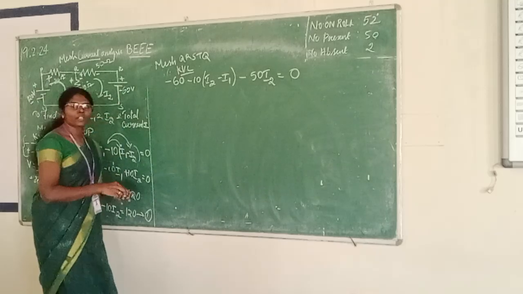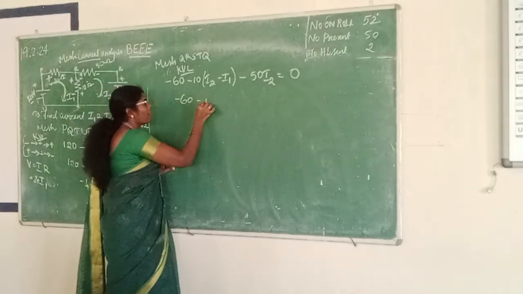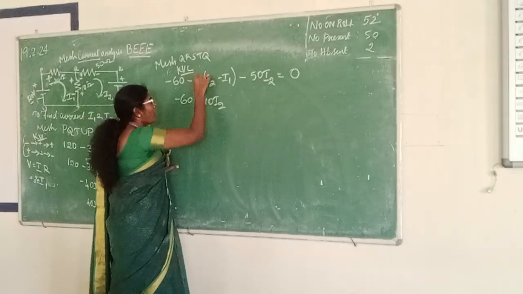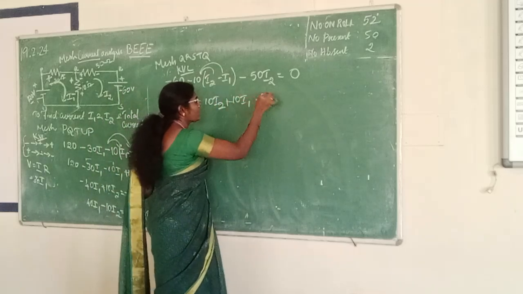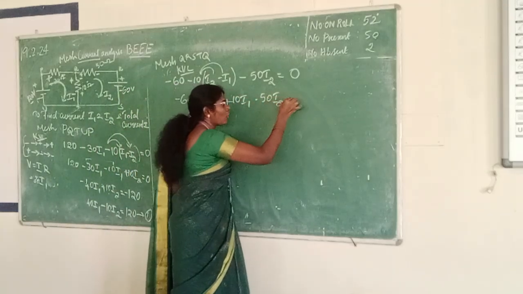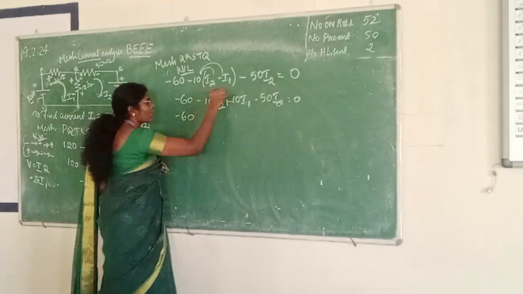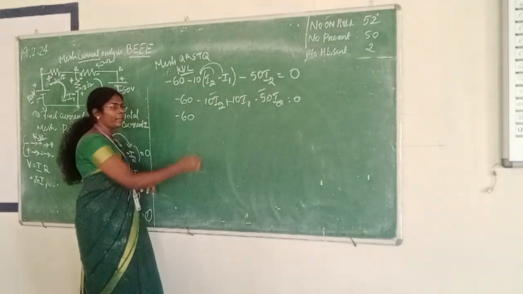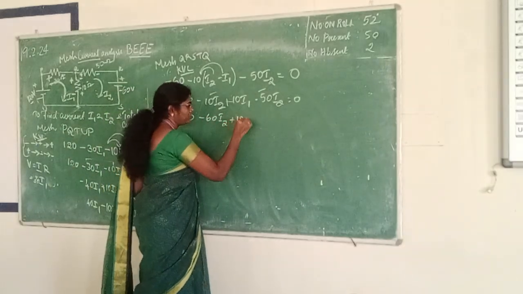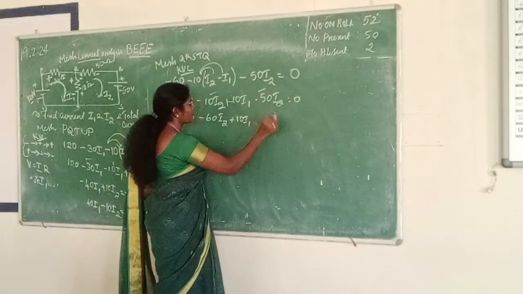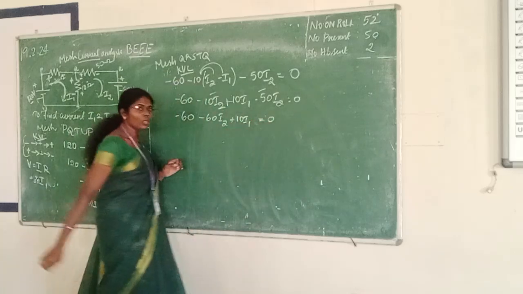Now can we solve this for equation 2? So how will it become? Minus 60 minus 10 I2 plus 10 I1 minus 50 I2 is equal to 0. Now, minus 60, shall I add these both? It will become minus 60 I2. Let it be first, now take it equal to 0.